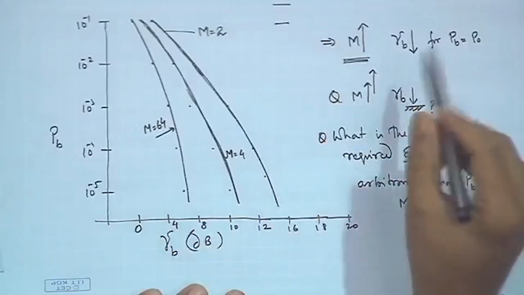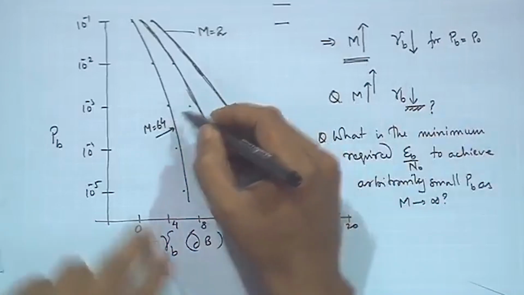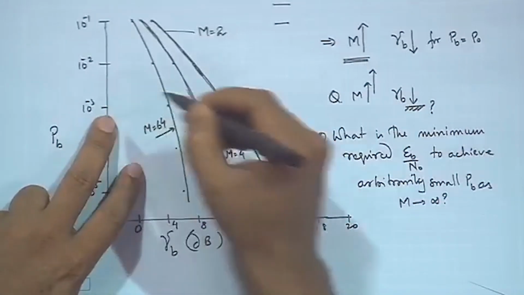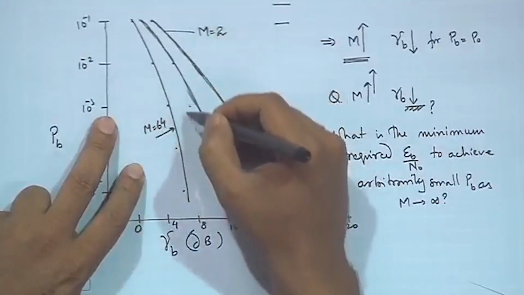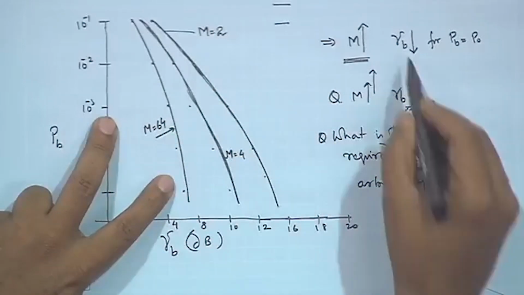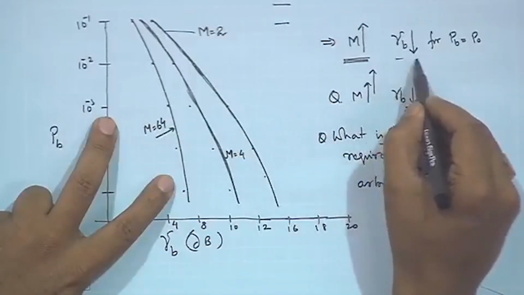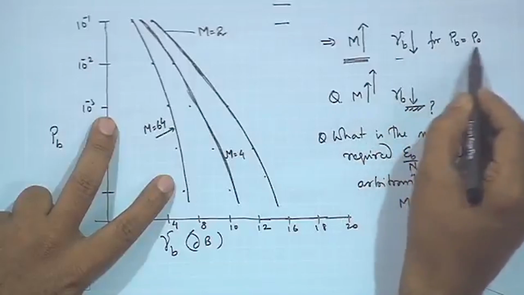What we stated here is, as m increases, the Eb by N naught decreases for the same P_B.